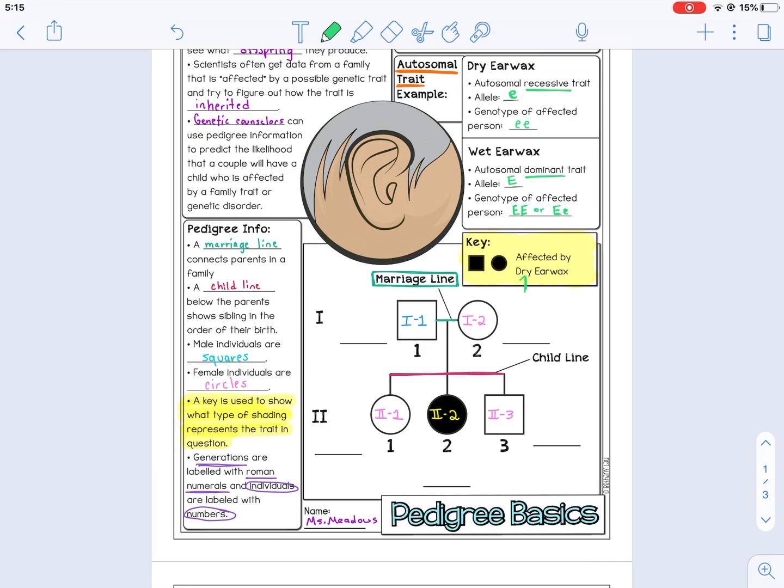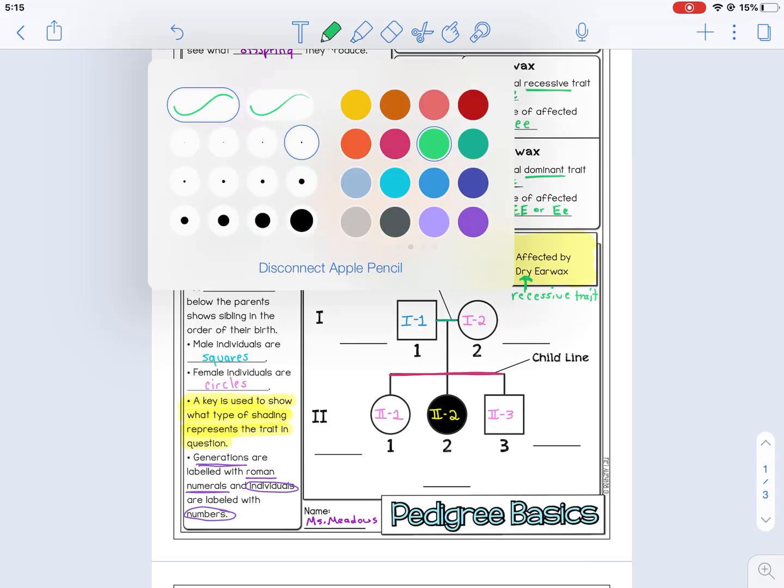Okay, and remember, dry earwax is the recessive trait in this case. Okay, so now we're going to go through and we're going to put the genotypes or possible genotypes of the individuals next to each individual.